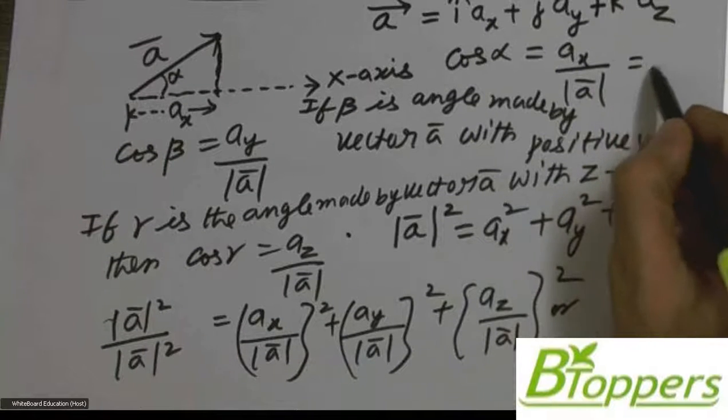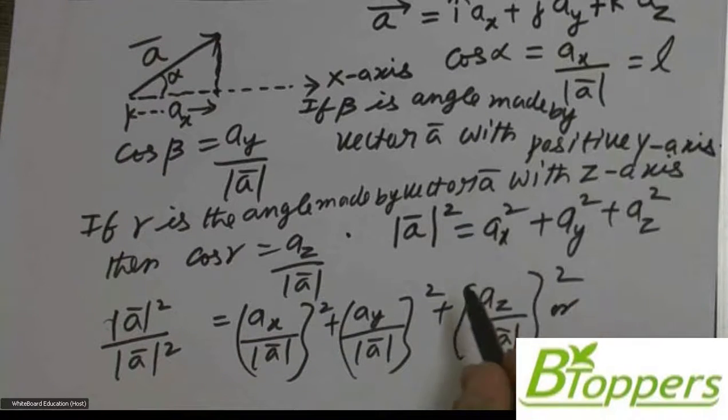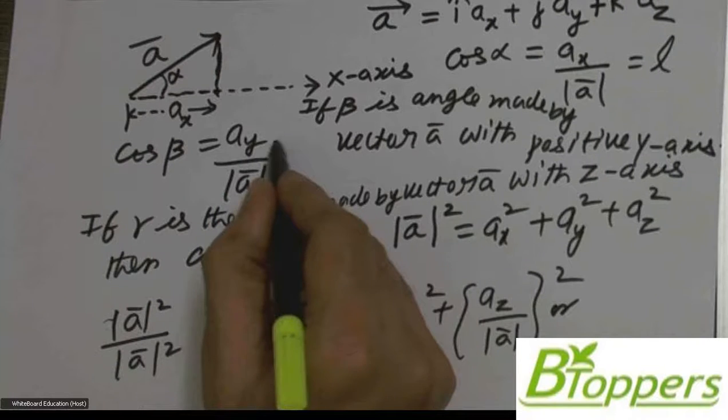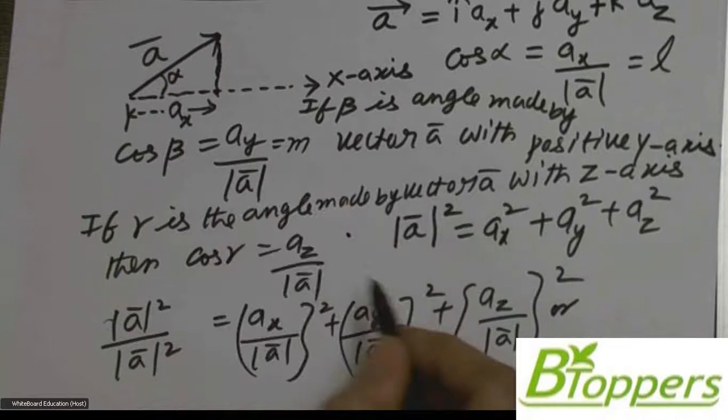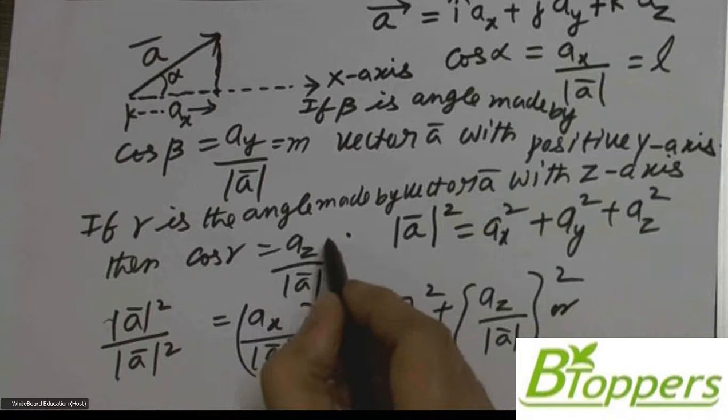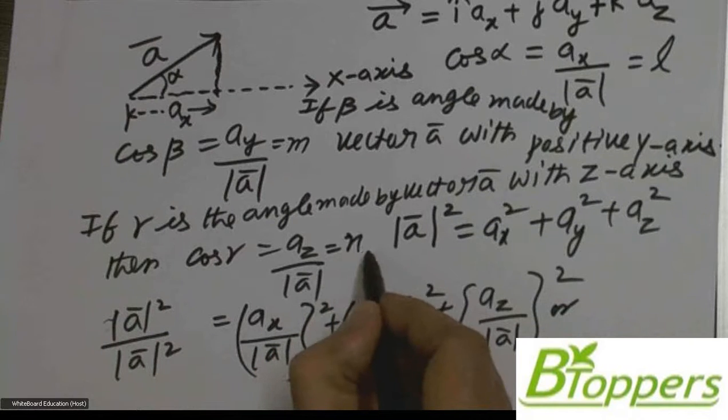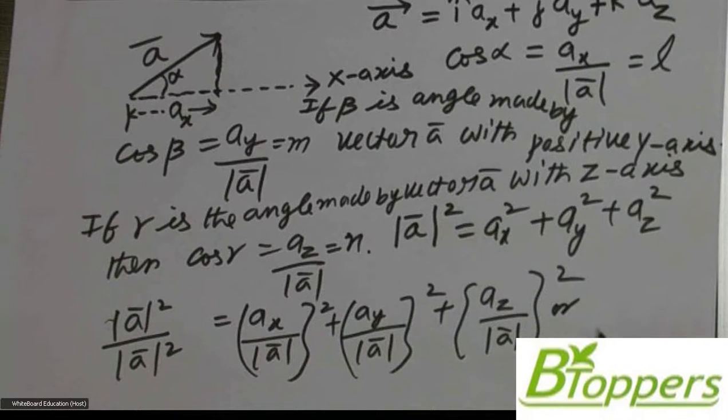This cos alpha is usually denoted by L in most of the textbooks, and this cos beta is denoted by small m. This cos gamma is denoted by small n. So this relation you can write L square plus m square plus n square equal to 1.